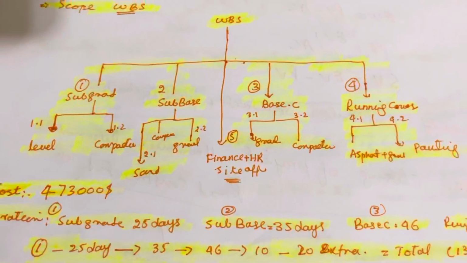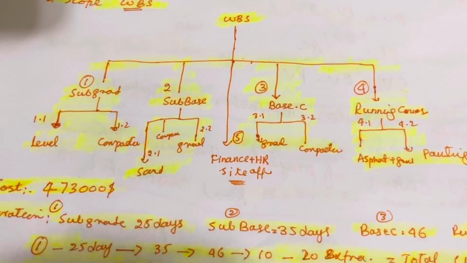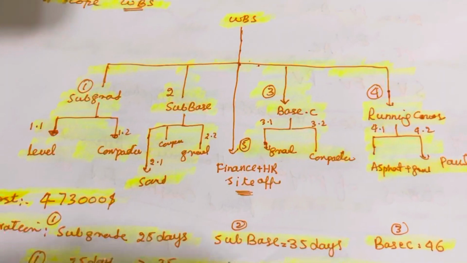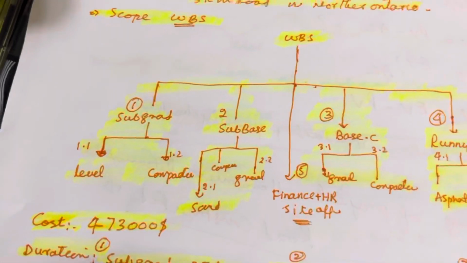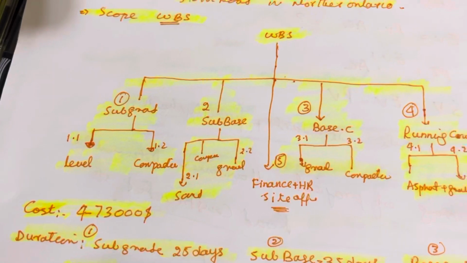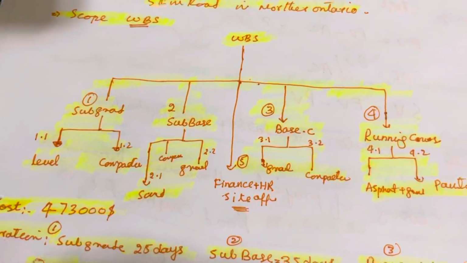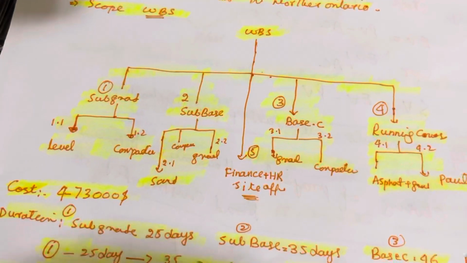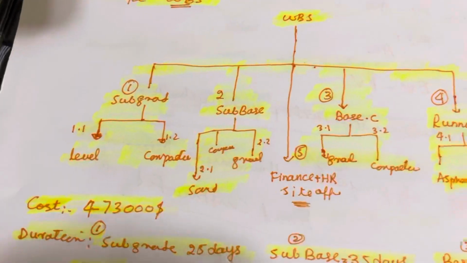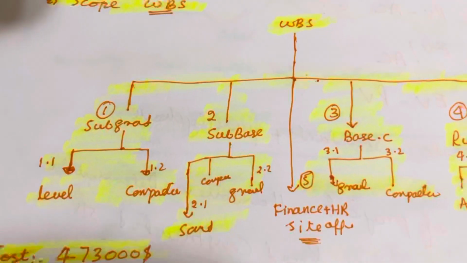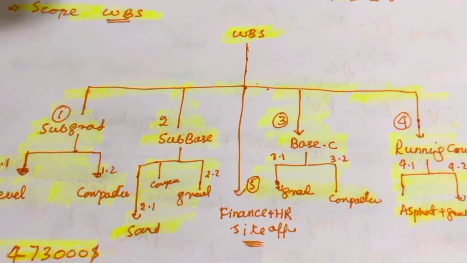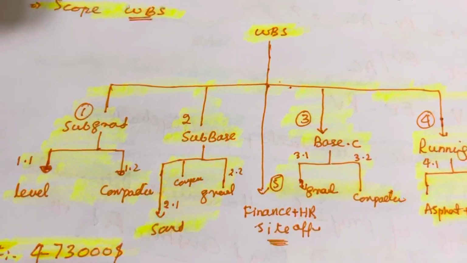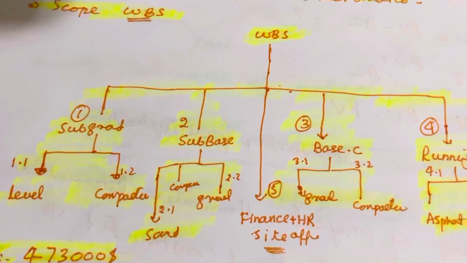The scope, the work we have to do, we divide into activities and work packages. So this is the work breakdown structure. First, I put the subgrade, sub base, base course, and running course. In the middle, I put finance, HR, and site office. In the subgrade, we do leveling, which I already discussed in the last video, and then we do the compaction.